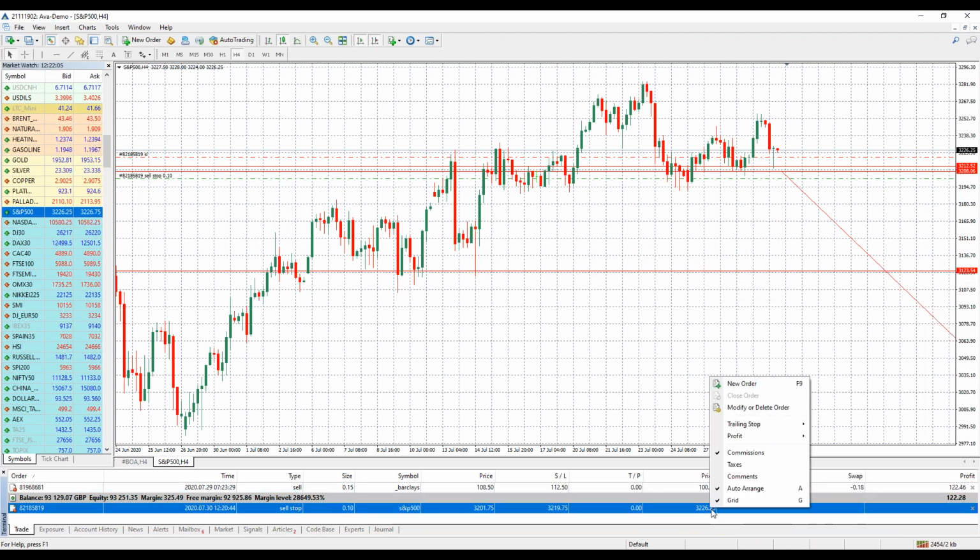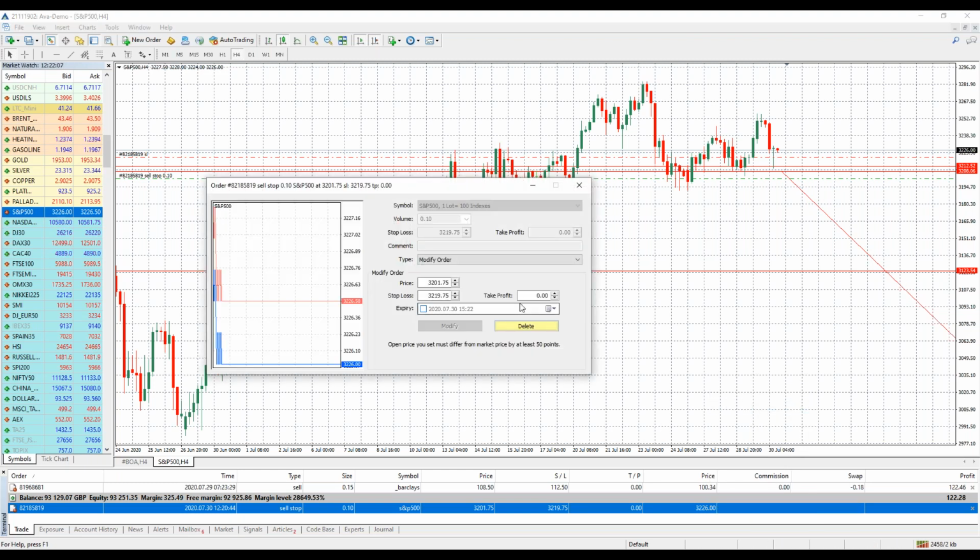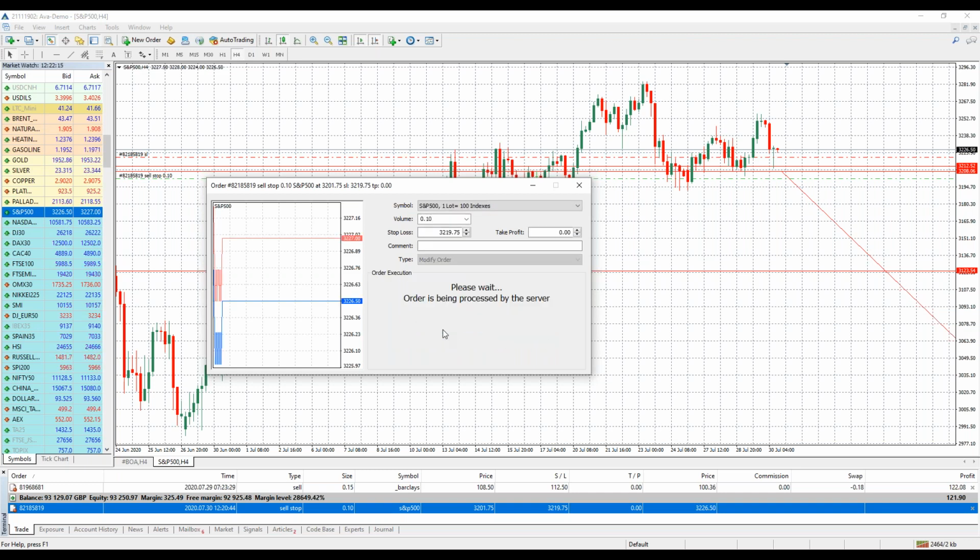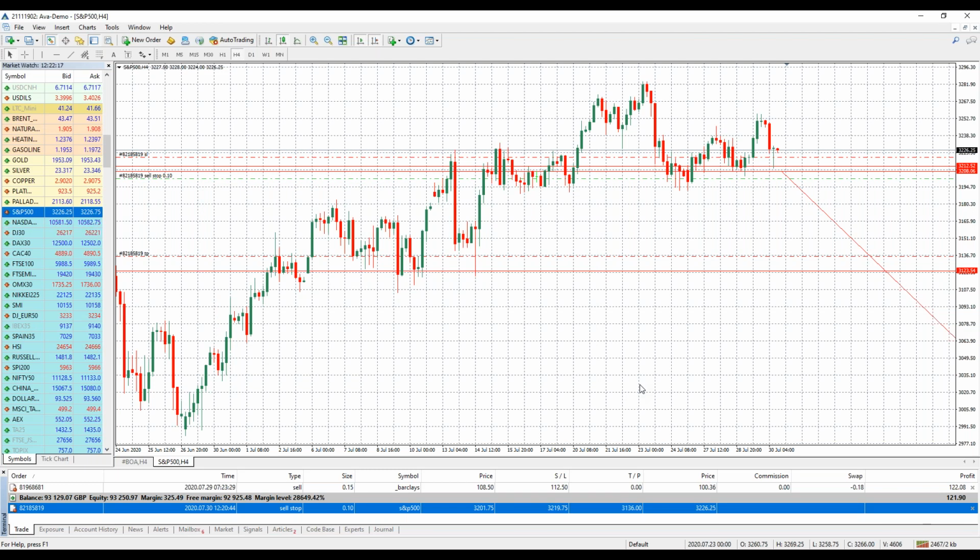So let me go back, modify, take profit 31.36. Okay, modify. Okay, now you see my take profit down here. I put my take profit before the next major support level because it's an idea of maybe how you might scalp. You're taking your profit before it has a chance to bounce off the next support level.